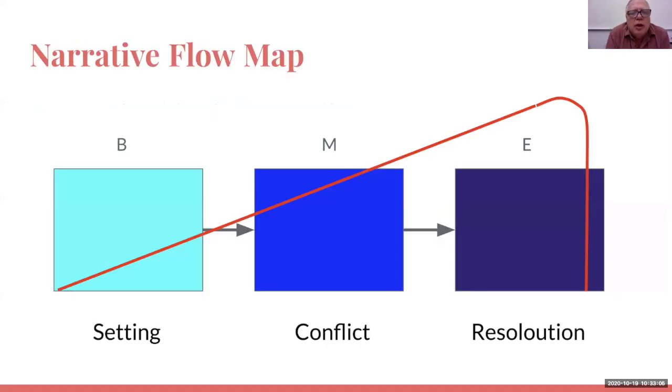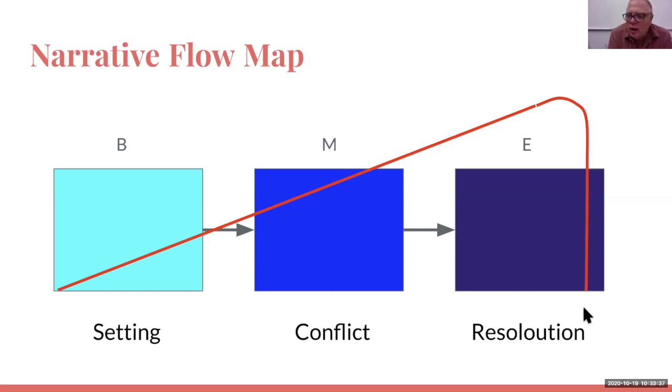If we were to give a narrative flow map of what a story would look like, it would be like this: beginning, middle, end. Notice it's a sequence, but the intensity of the story should be rising, rising, rising. And at the end, where the resolution is, right, should be at its highest point.